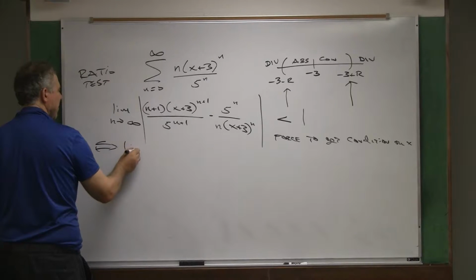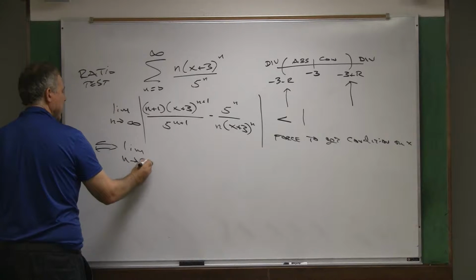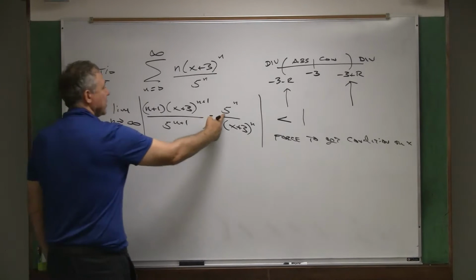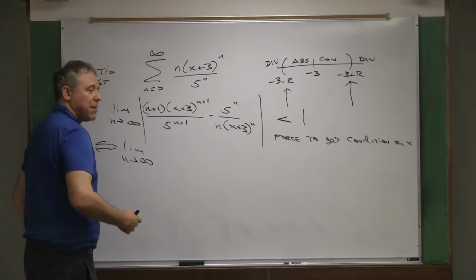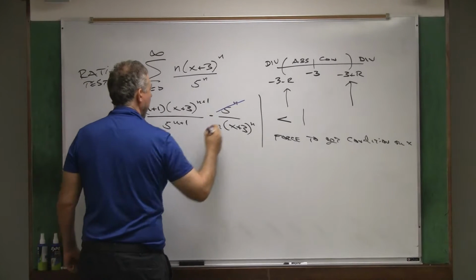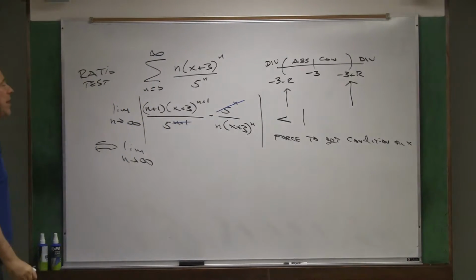So if and only if the limit as n goes to infinity, and I get some cancellations. So where are my cancellations? There's cancellation here, so what happens? Just 5. Yeah, just 5 out and out there.